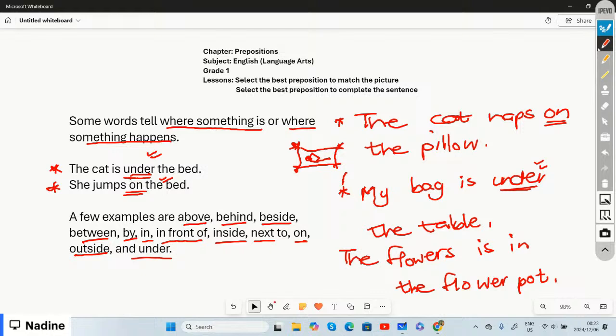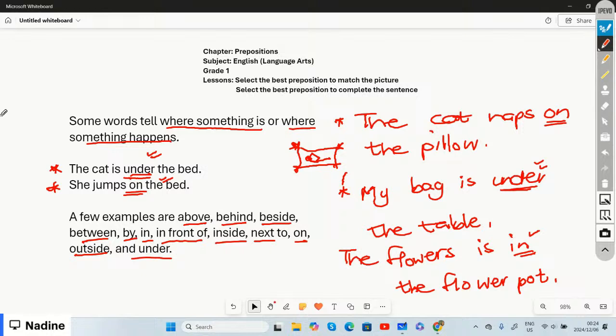So we can say the flower is in the flower pot. Yes, well done. So in is our preposition that tells us where the flowers are, because the flowers is in the flower pot.